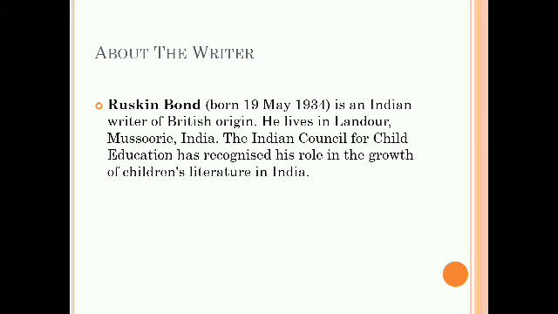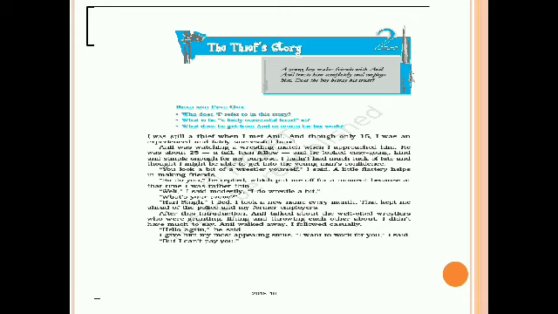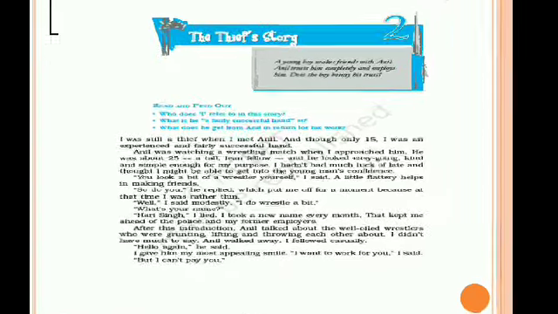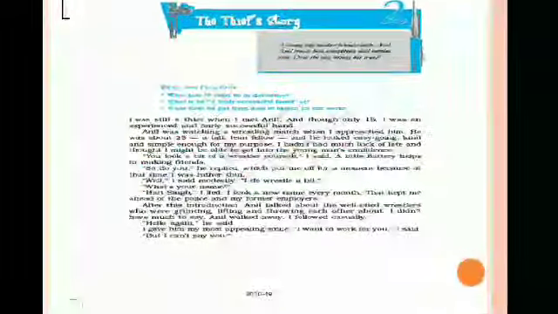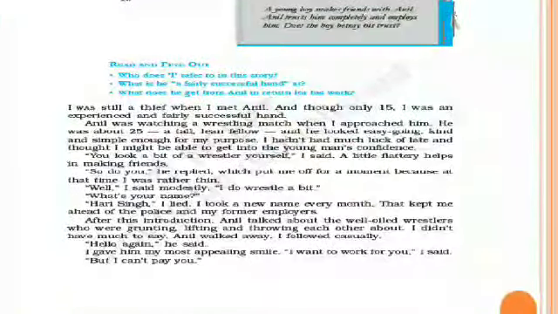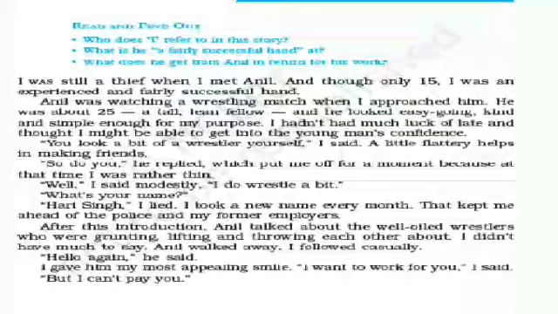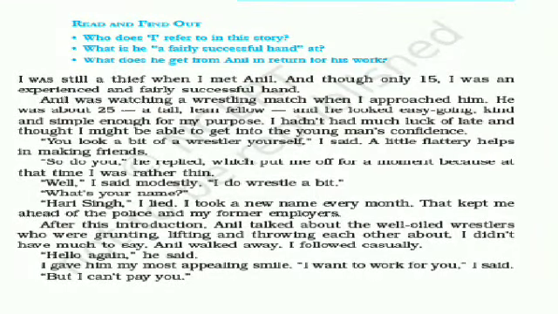Moving further, here appears the first part of the first page of this story, and if you go through this first page, then you will find that the story has been written in first form.